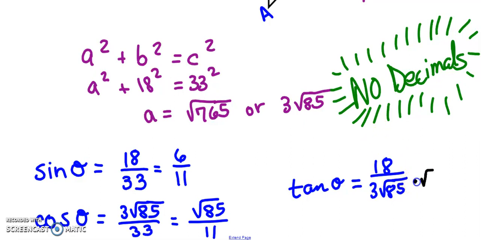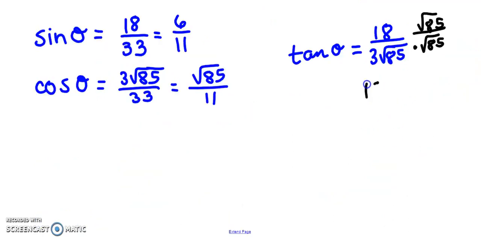Multiply both the denominator and numerator by the square root of 85. Whatever you do to the bottom, you do to the top. So this gives you 18 square root of 85 over, let's say, 3 times 85.